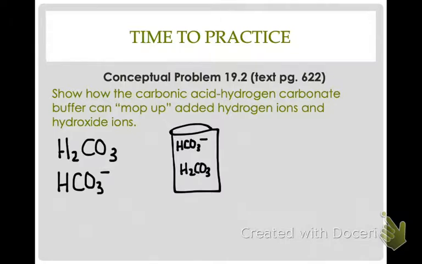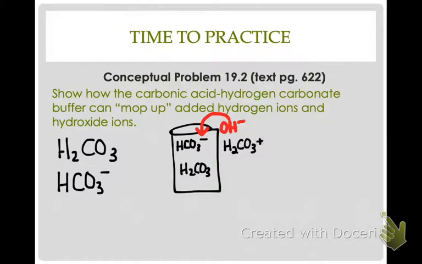So the first thing we're going to do here is look and see what happens when we add a base. So when we add a base, we know we're adding the hydroxide ion to that particular solution. And so we're going to be taking a look at what's happening to the carbonic acid. That's the H2CO3.